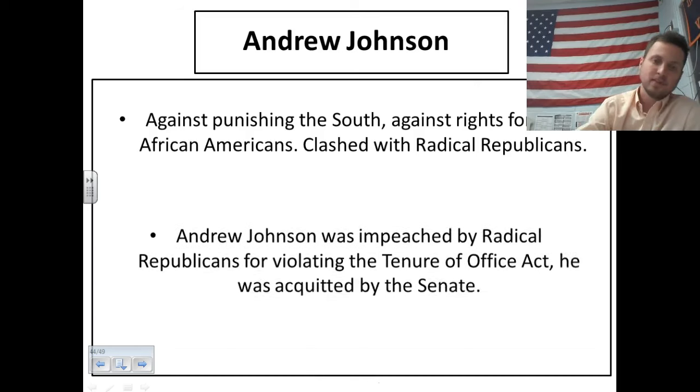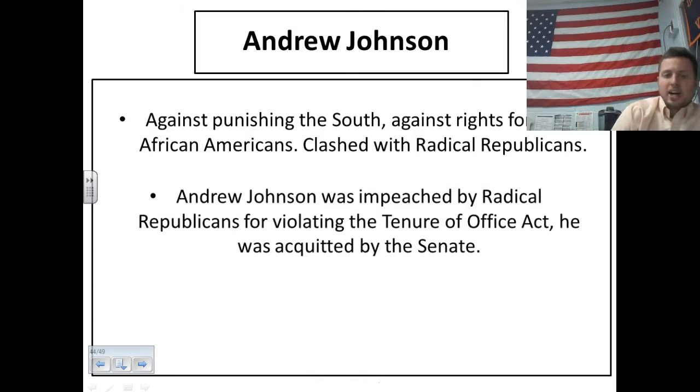Okay, cool. Last thing, Andrew Johnson was impeached by the radical Republicans. They hated him because he didn't want to punish the South and because he was against rights for freed African Americans. So they made this law called the Tenure of Office Act, which basically said if you want to do anything, you got to ask us first. Well, he fired someone and never asked the radical Republicans. So he was impeached.